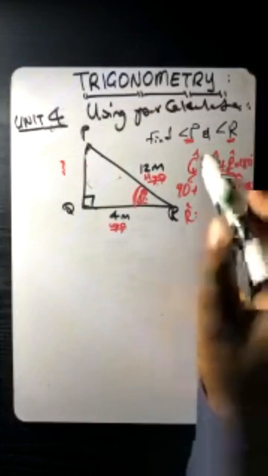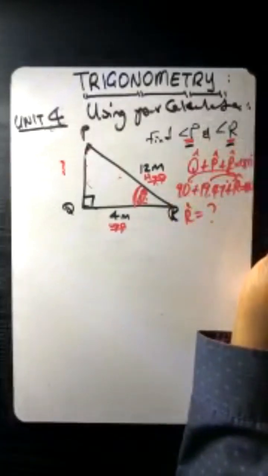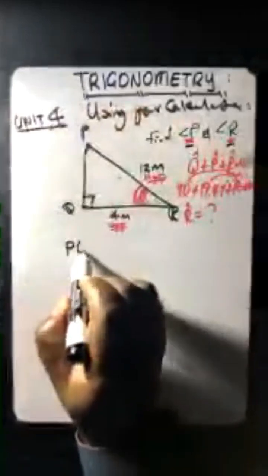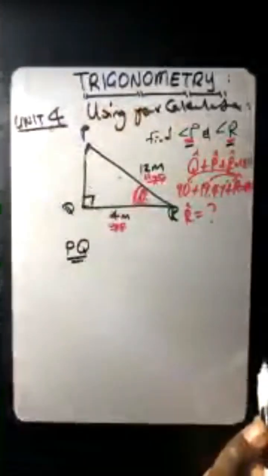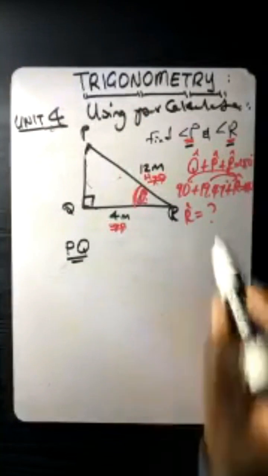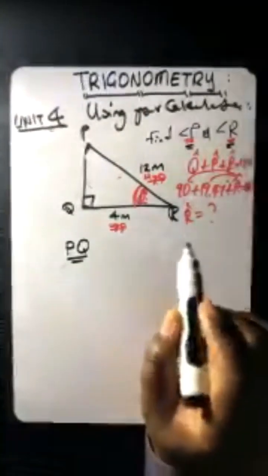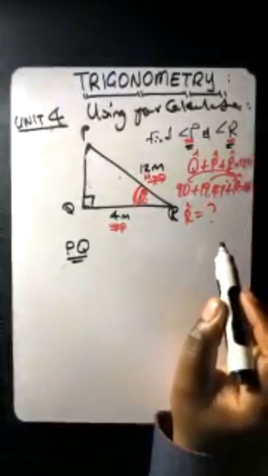But remember, the question says find the angle and not the side. So the moment you start saying PQ, we now talk about the side and not the angle. So the question wants the angle, so you use the trigonometric ratios to calculate those angles.